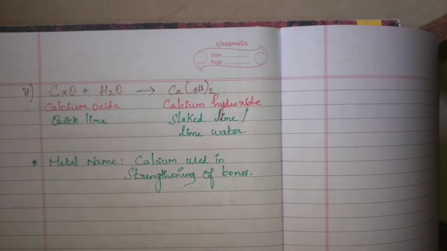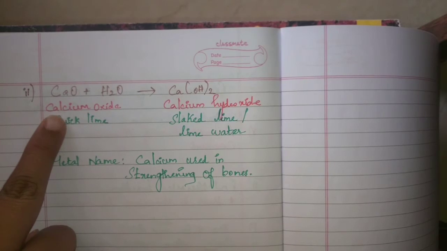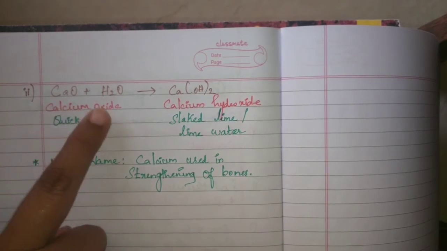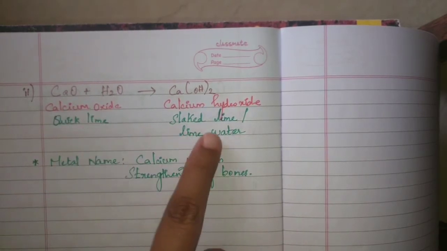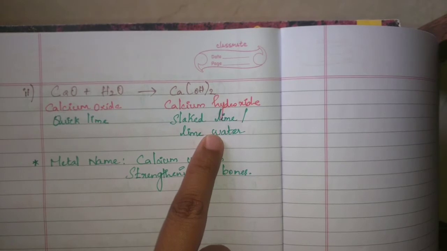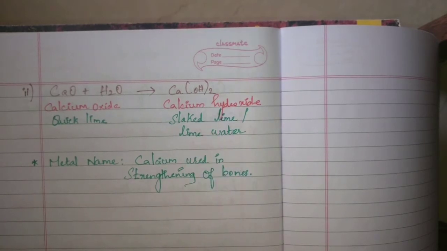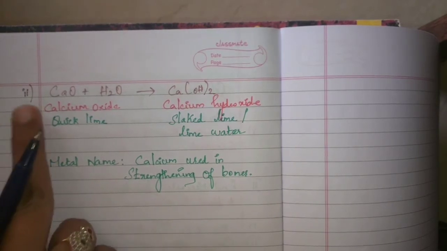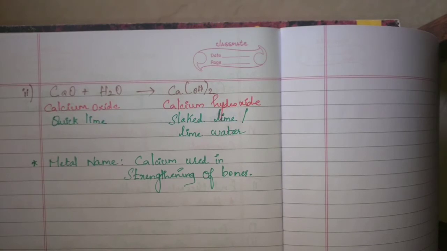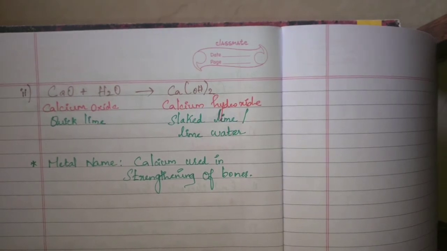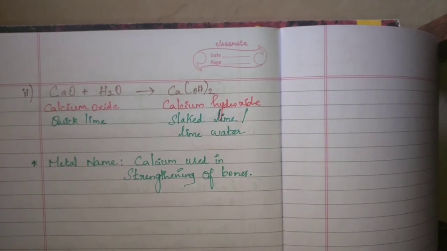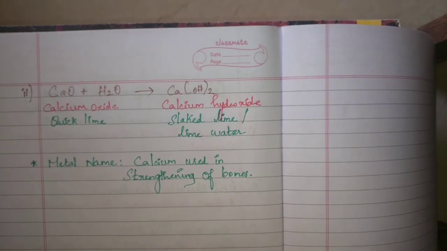That metal oxide means what? Calcium oxide, A. Reacts with water, it gives B, that is calcium hydroxide. So this is a very important question, students.